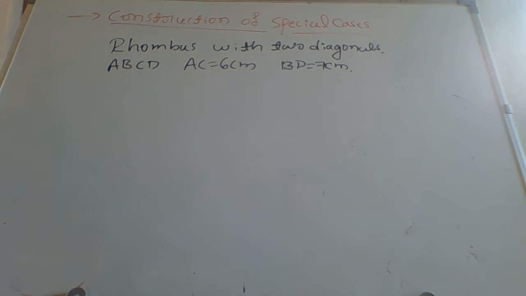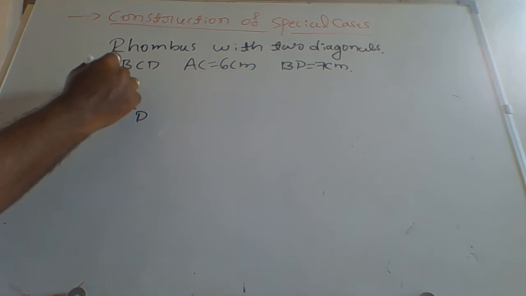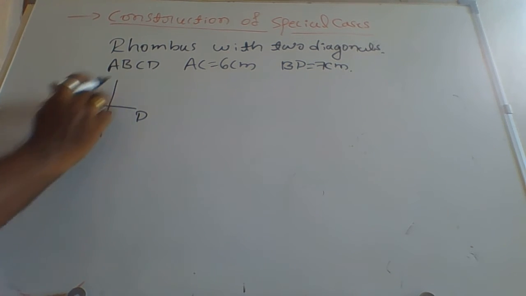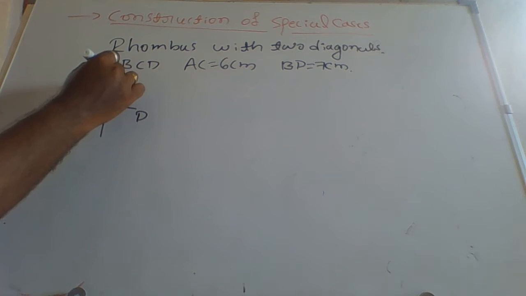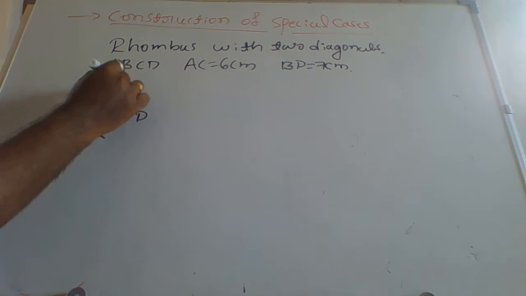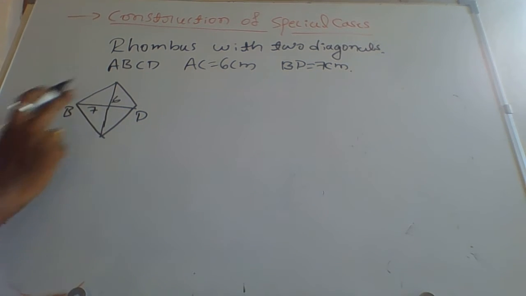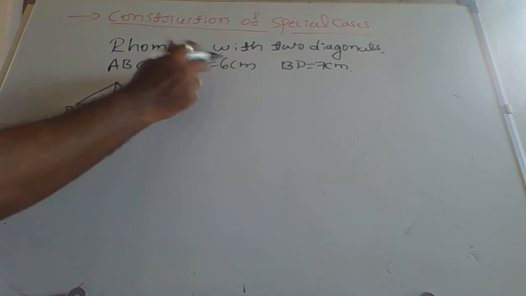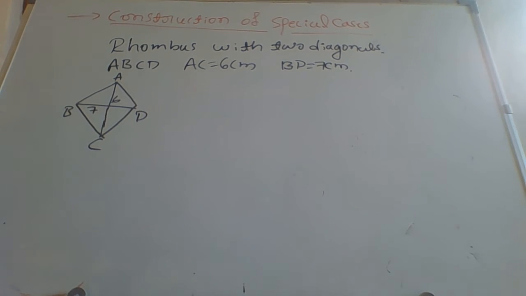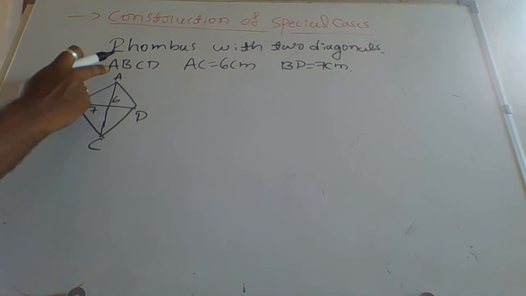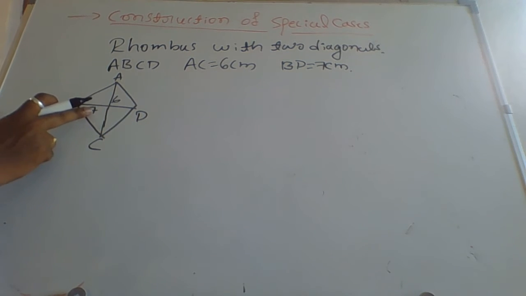This is BD, which is 7 centimeters, and this is AC, 6 centimeters. Therefore, this is rhombus ABCD with diagonal BD 7 centimeters and AC 6 centimeters.